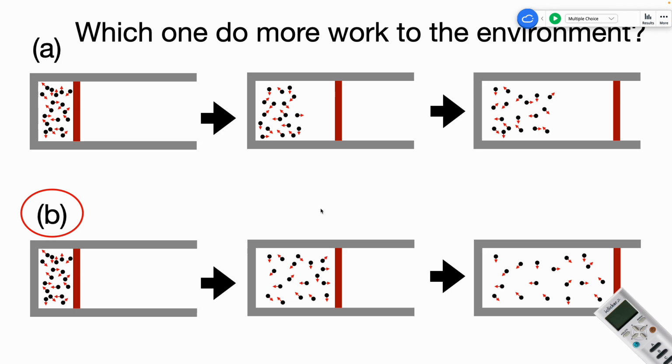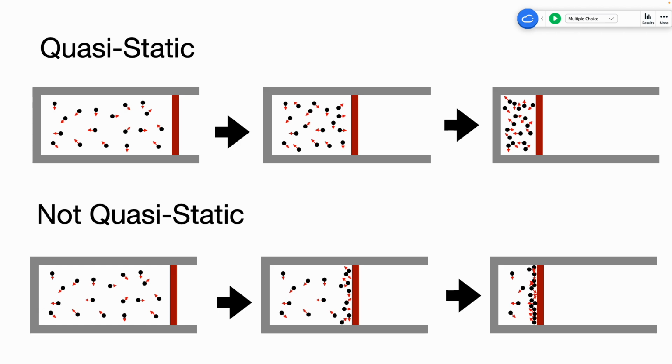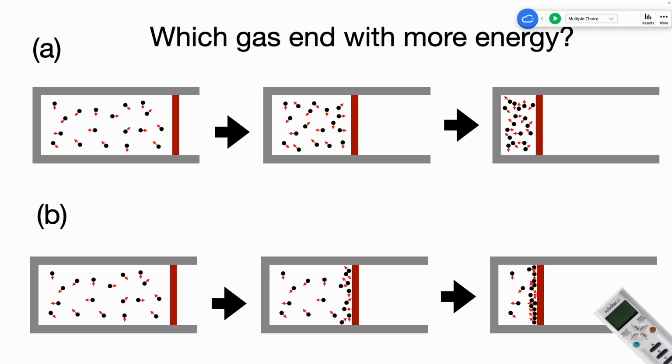Pay attention to the difference. Here, the quasi-static one does more work compared to the previous part. The non-quasi-static one did more work there. See, it's not about quasi-static or not.